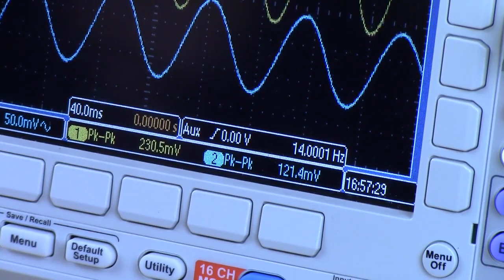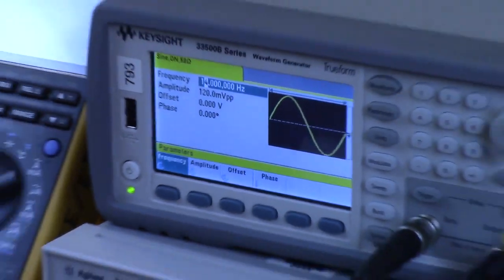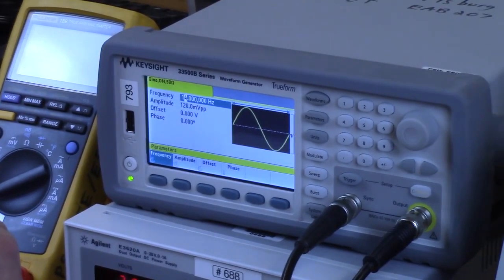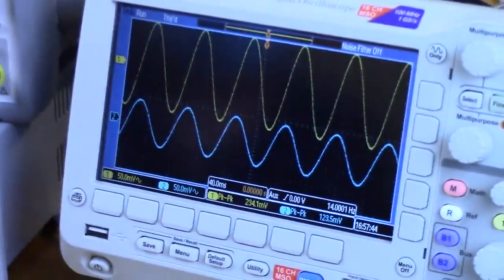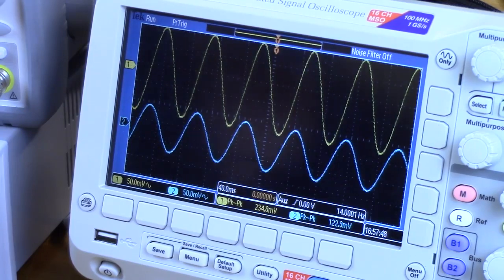So there we're at 123, and this is at 14 hertz. So this tells us that C1 in actuality has a pole of about 14 hertz. So I would write that down as our measured C1 pole. Okay, so that's our pole frequency due to C1. It's usually easier than this.